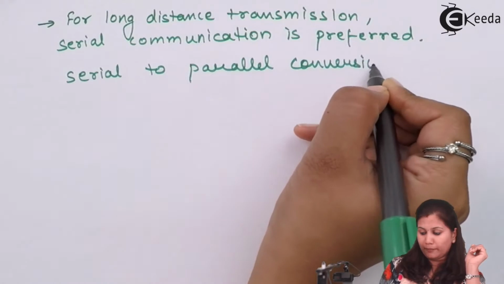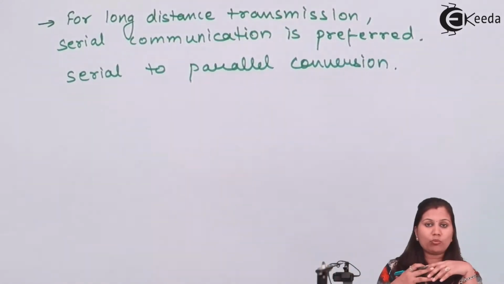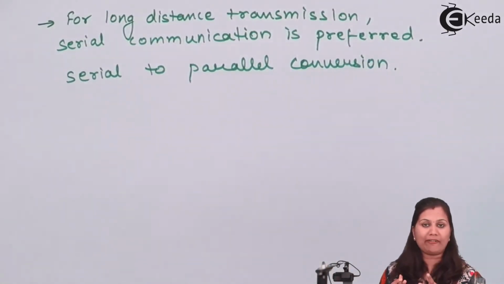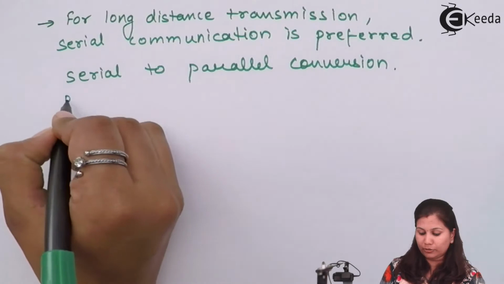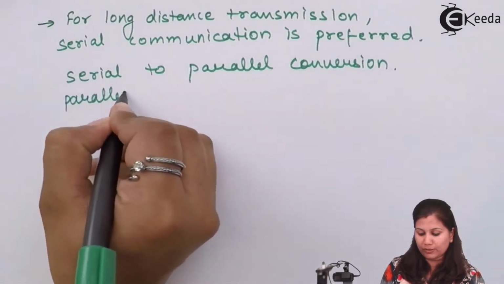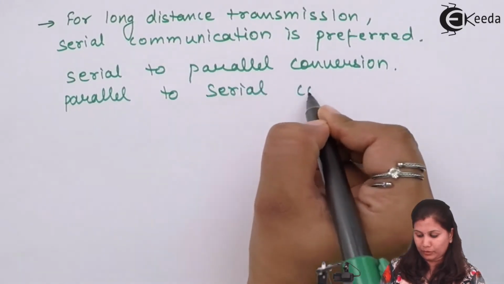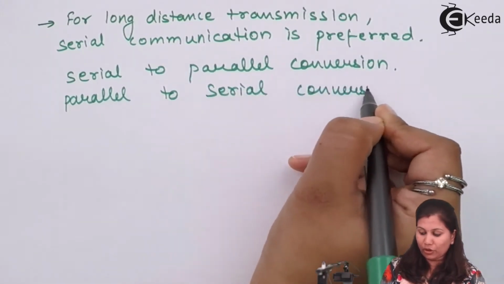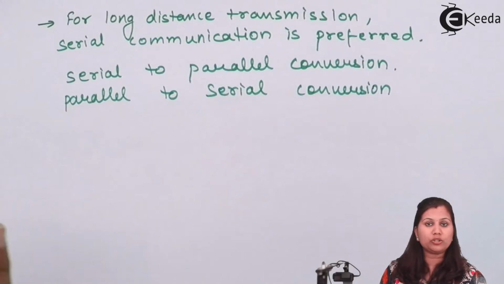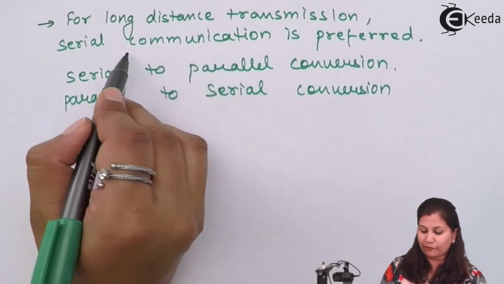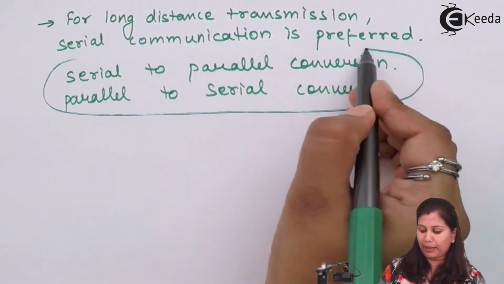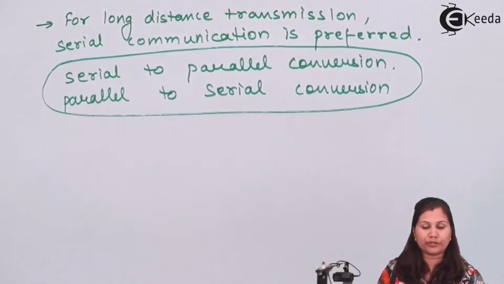Also, whenever a device wants to transmit data, it has the data in parallel form, and it has to transmit it in the form of serial data. So parallel to serial conversion is also required. So whenever we talk about communication between two devices, the need is there for serial to parallel and parallel to serial conversion.